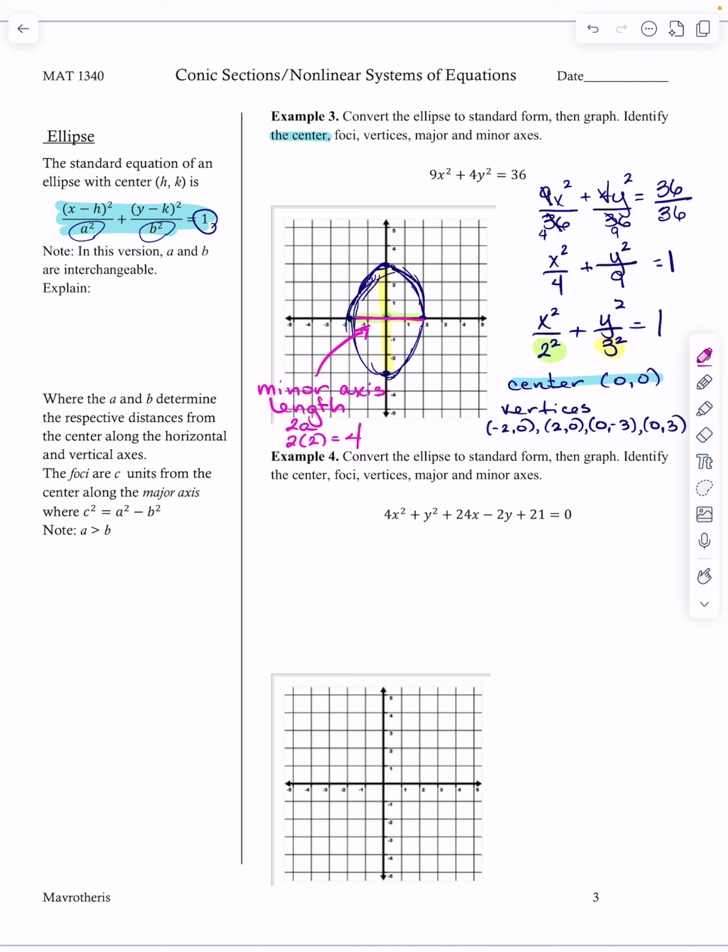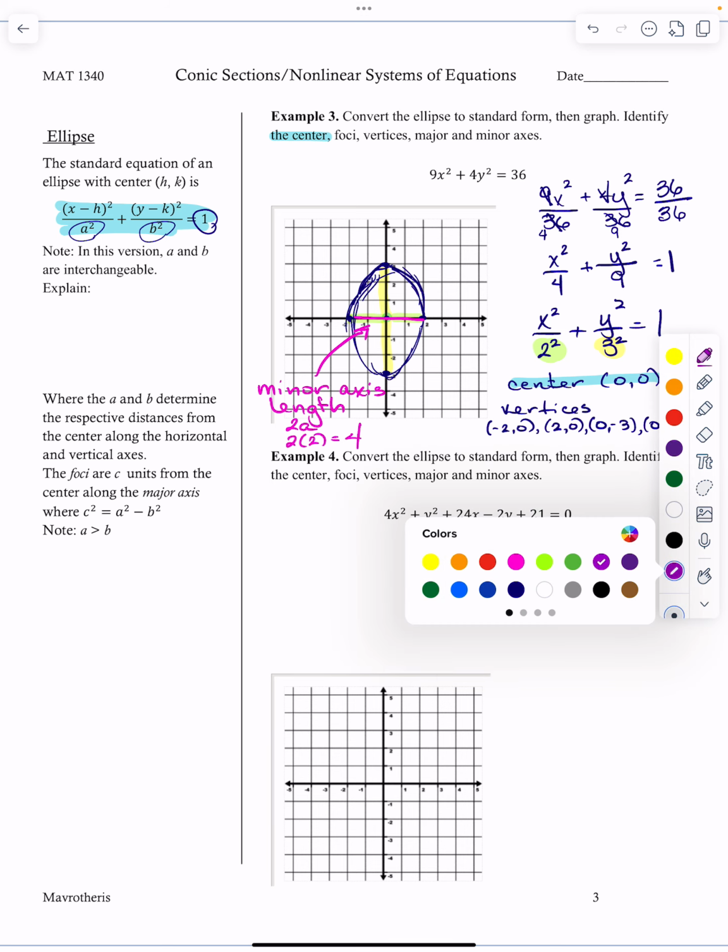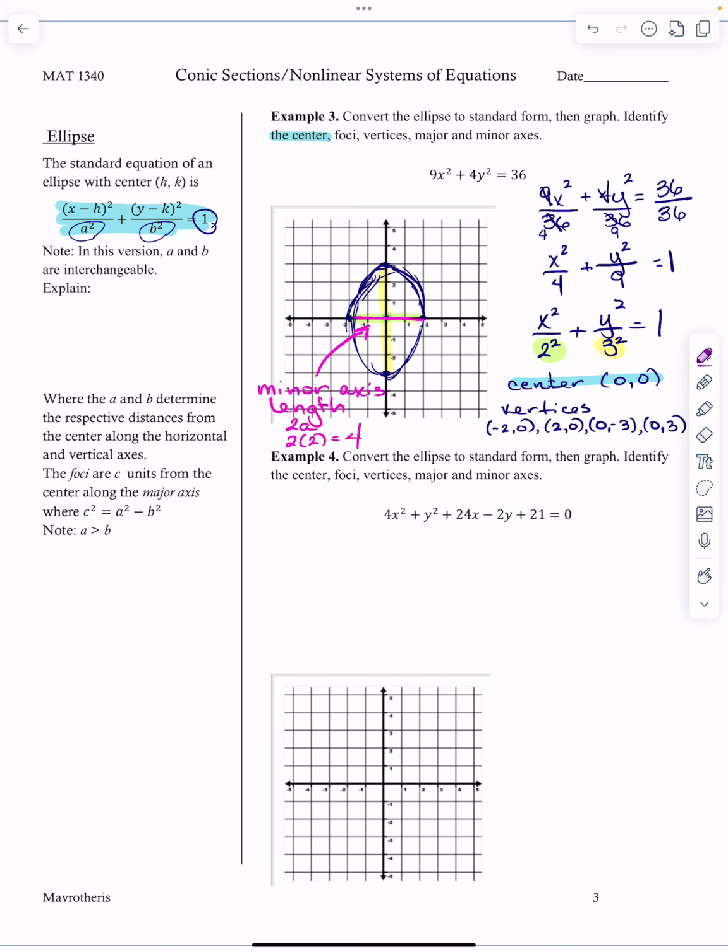Minor means it's the short axis. We also have the major axis, which is the long axis. In this case, it's 6 units long. Sometimes you're given the minor and the major. You've got to figure out where the vertices are, where those endpoints are.